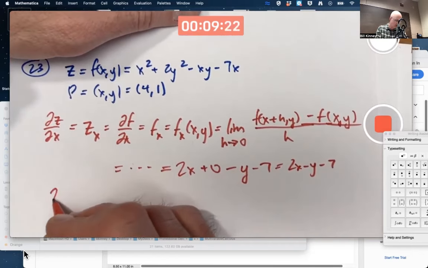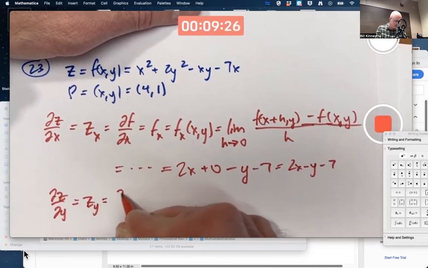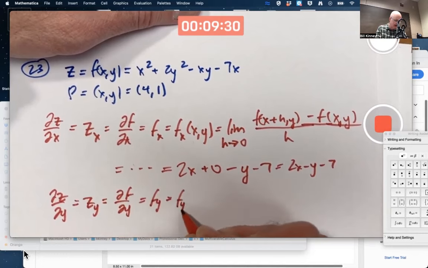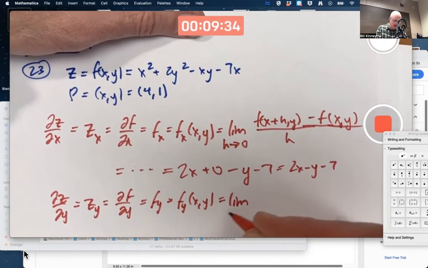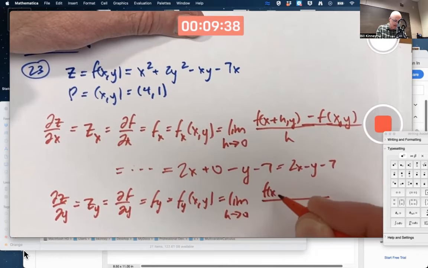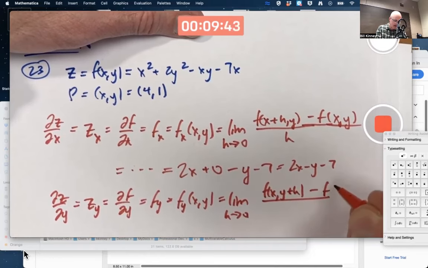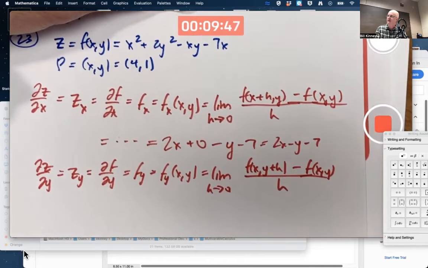Partial with respect to y, with all its various notations. Not that you have to rewrite all these notations every time. If we were doing it as a limit, it would be a similar limit, except it would be y changing instead of x, y plus h instead of x plus h. Otherwise, it's pretty similar.